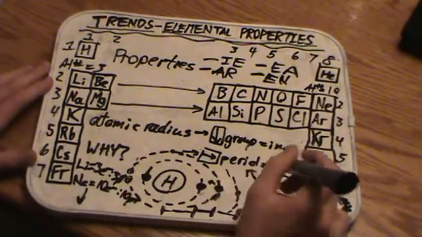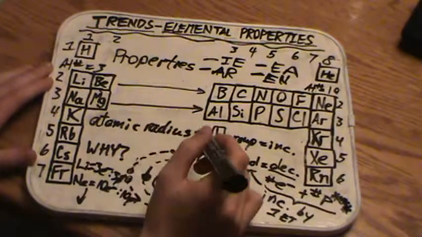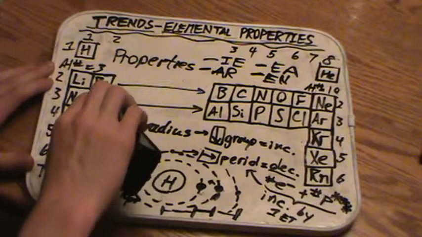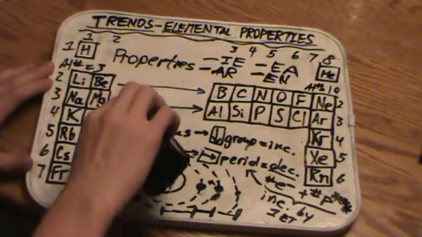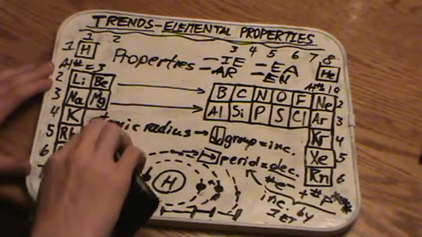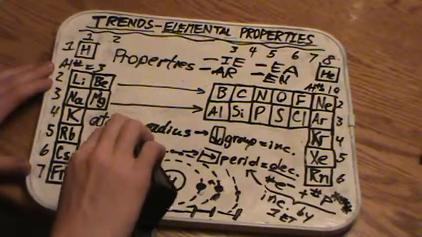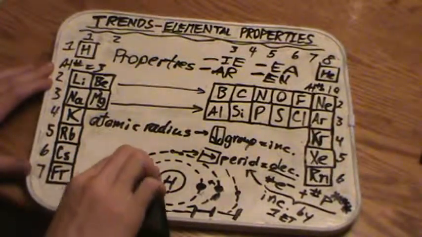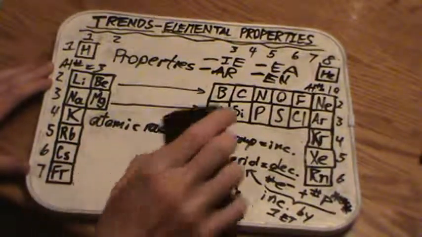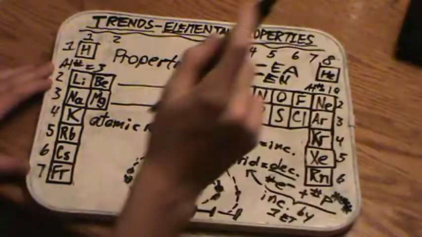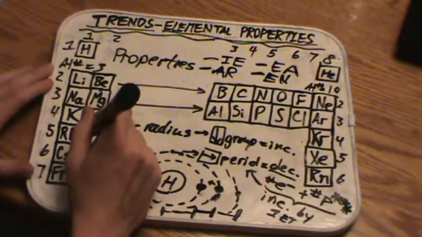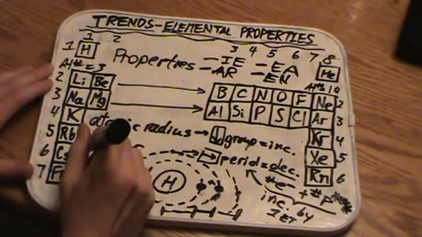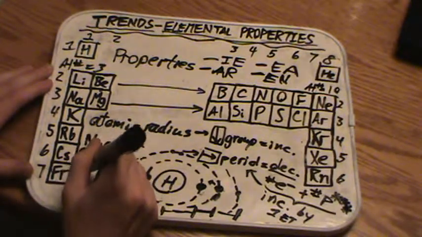So taking this idea of the number of protons, it is a massively important word. You guys know we have to ask why. The reason for the decrease in atomic radius across a period most simply can be summed up in three words: an increase in nuclear core charge.